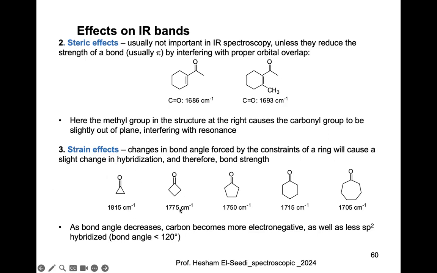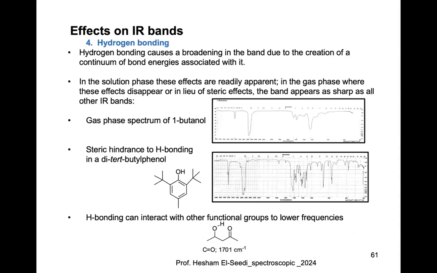It is lower. 5-membered ring, lower. 6-membered ring, lower. 7-membered ring, lower. So this is really a strong effect. So as bond angle decreases, carbon becomes more electronegative as well as less sp2. So it increases the frequency or wavelength.